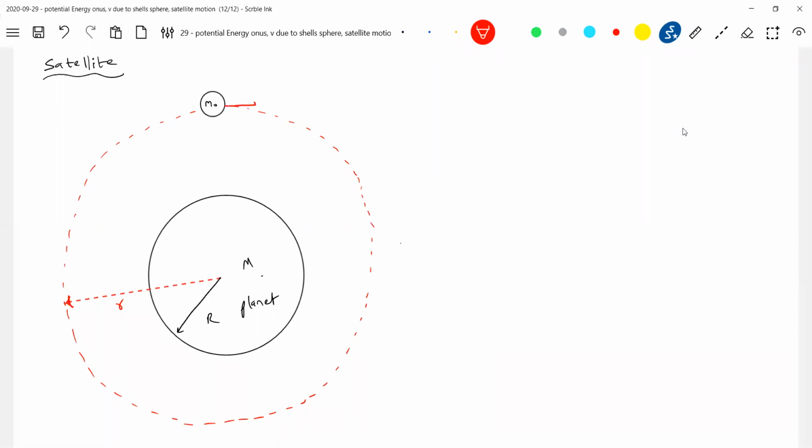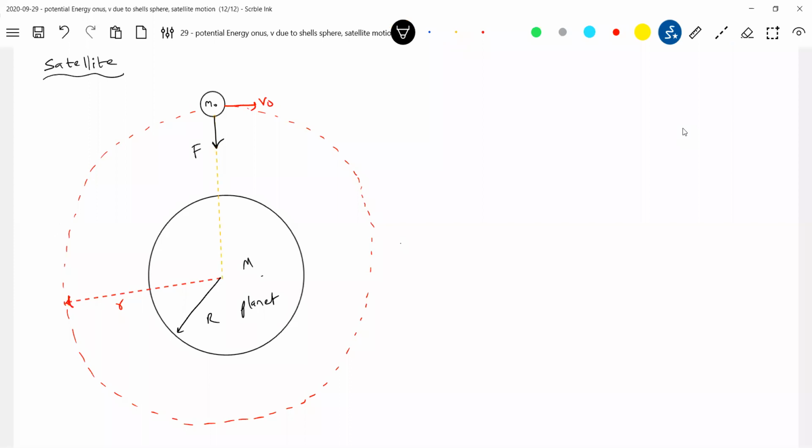Now it has orbital speed v naught. Now who will provide the required centripetal force? The gravitational attractive force between the satellite and the planet will provide the required centripetal force.